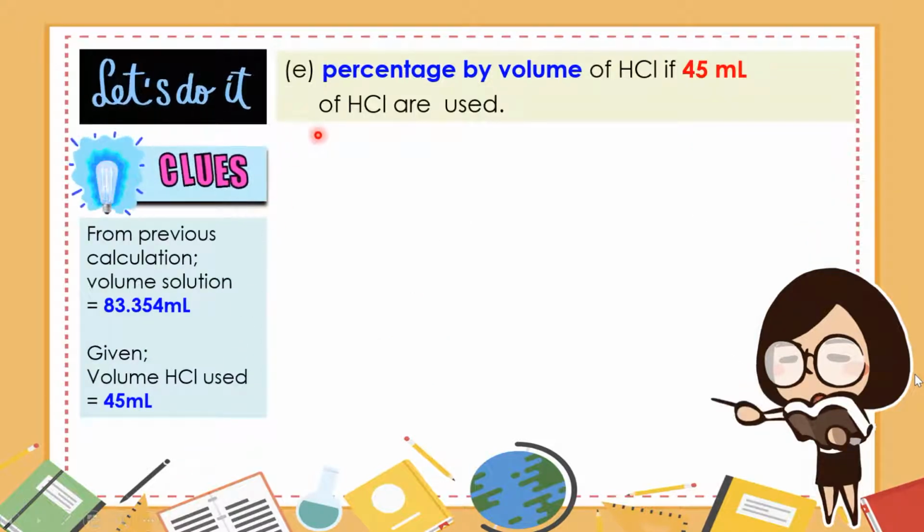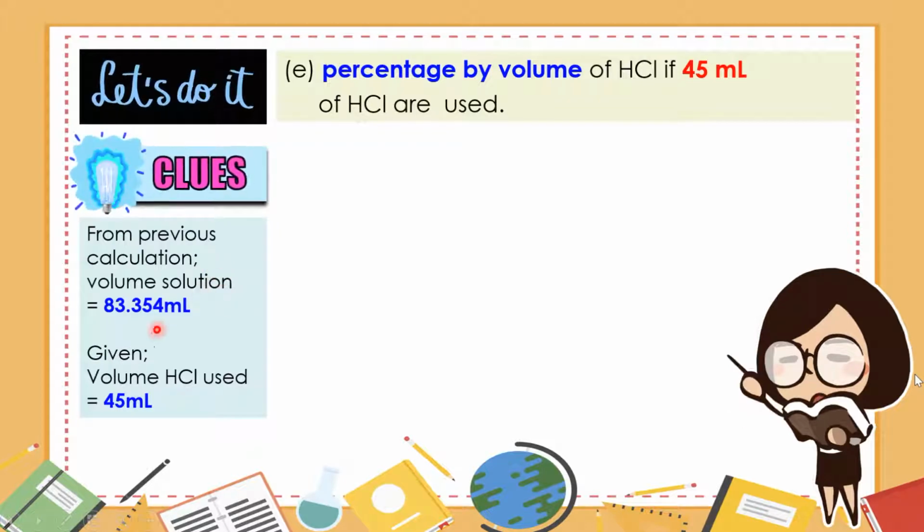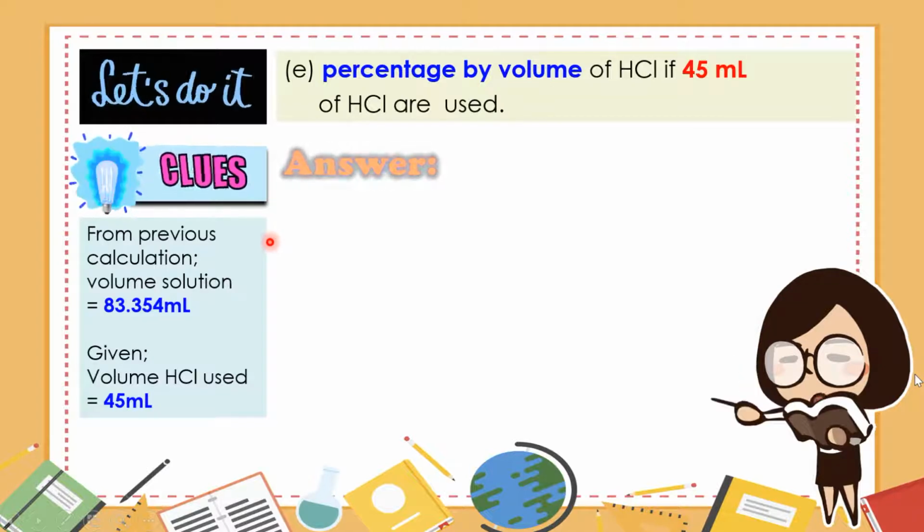And the last question, E: calculate the percentage by volume of HCl if 45 ml of HCl are used. From the previous calculation, you already calculated the volume of solution, that is 83.354 ml. Given in the question, the volume of HCl used is 45 ml.